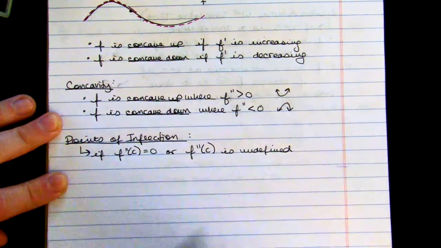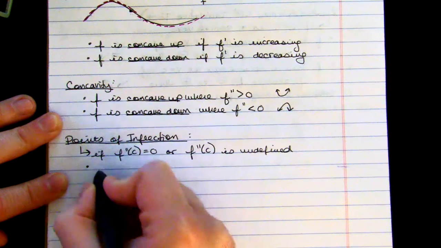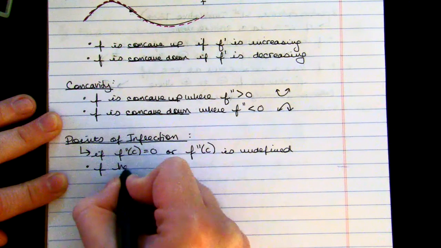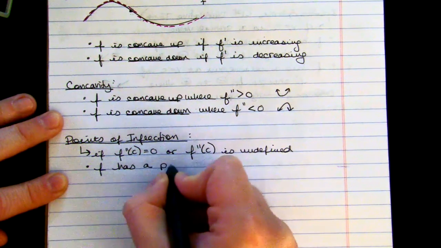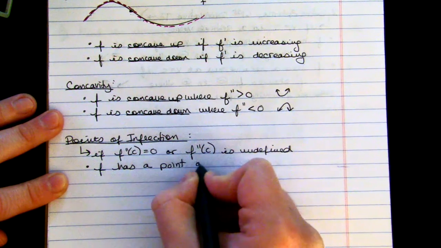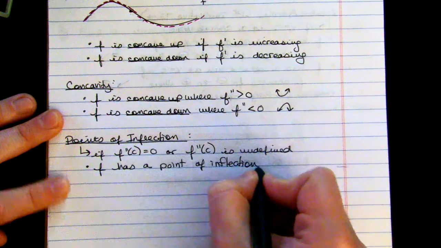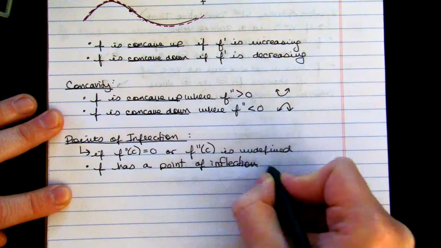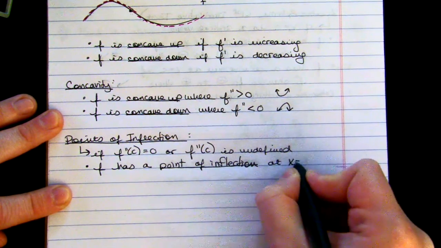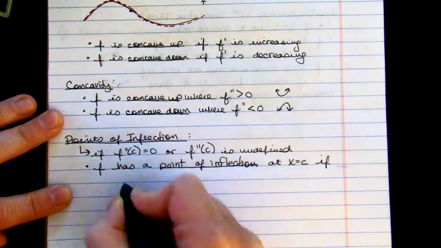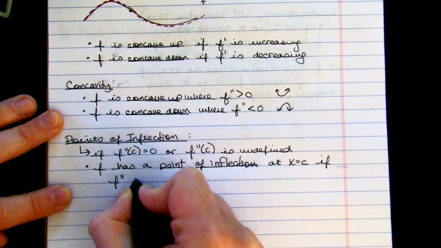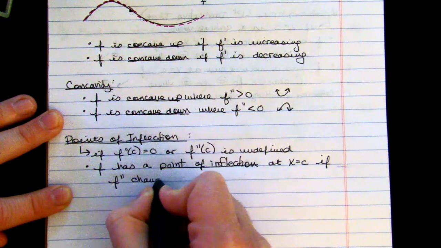This will be our second derivative equivalent. And I'm going to say that f has a point of inflection at x equals c if my second derivative, f double prime, changes sign there.